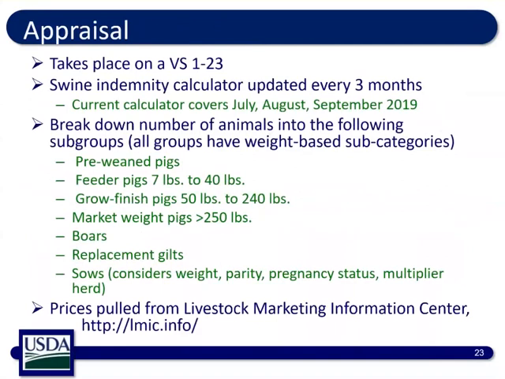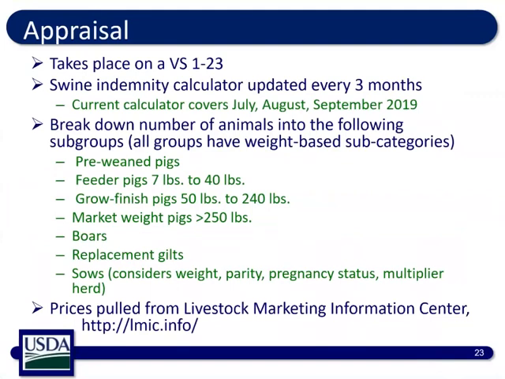As far as appraisal goes, specifically appraisal of the animals, currently we're planning on doing this on a 1-2-3. And again, the avian staff does have a short form that we might look at adapting for the exercises in September. We have a swine indemnity calculator that we update every 3 months.